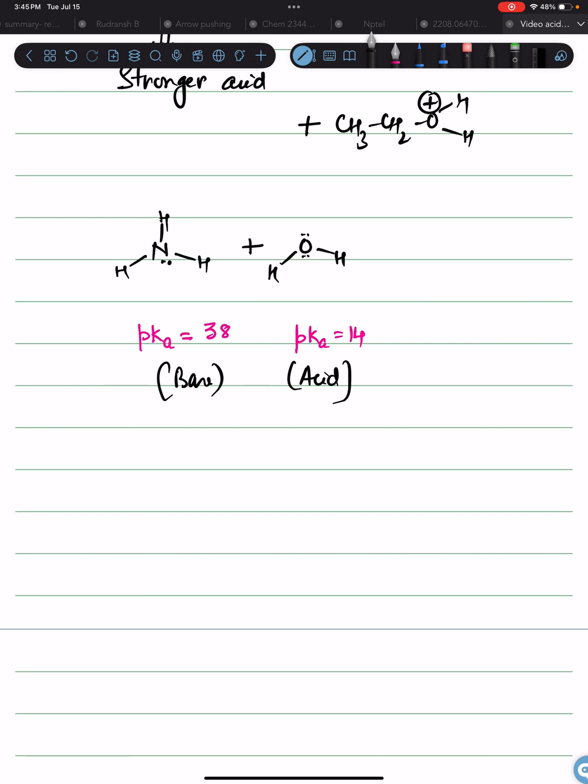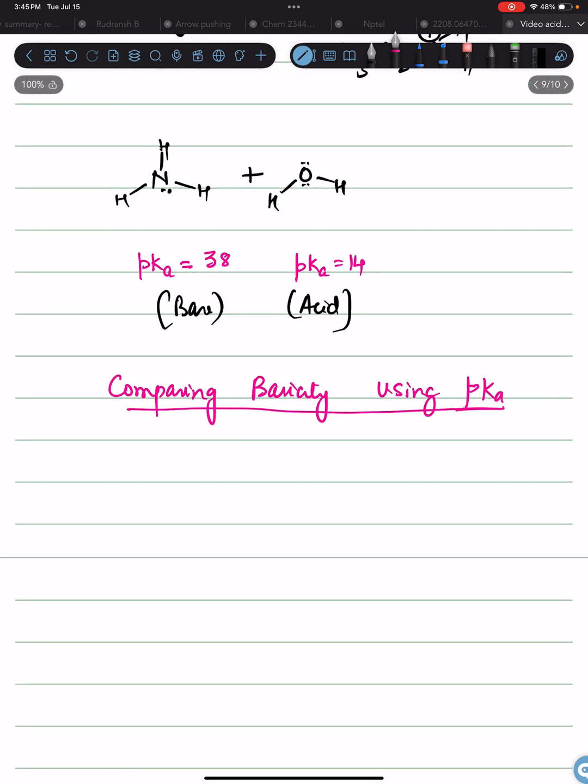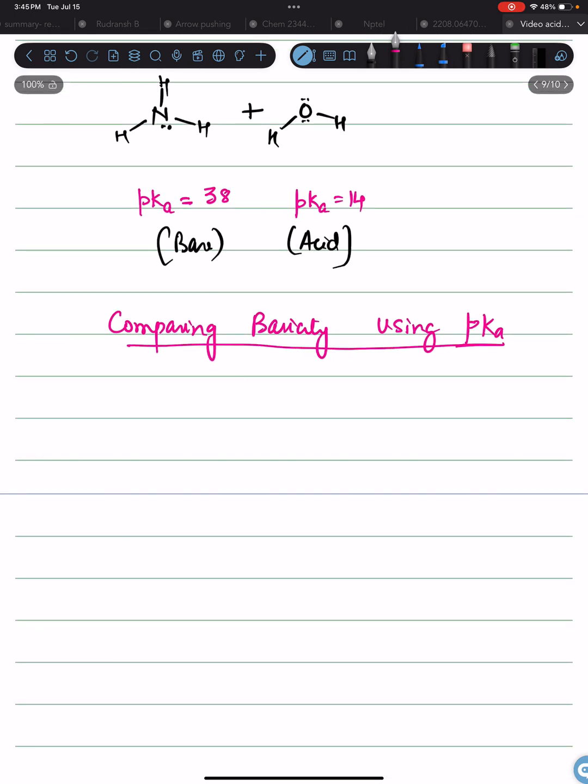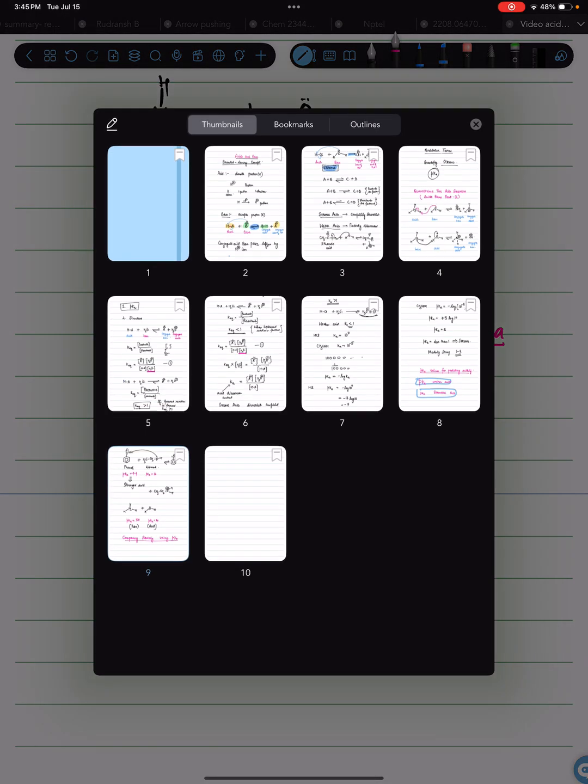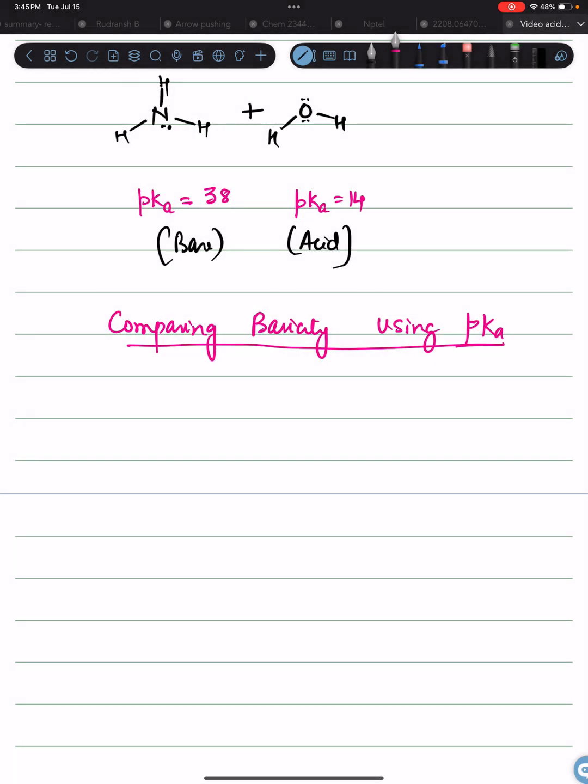Not only this, pKa values also help us in predicting or comparing the basic strength, the basicity, using the pKa tables. How do we do that? To see that, one thing we should know is that if, out of the two species, one is a strong acid, it would have a weaker base.